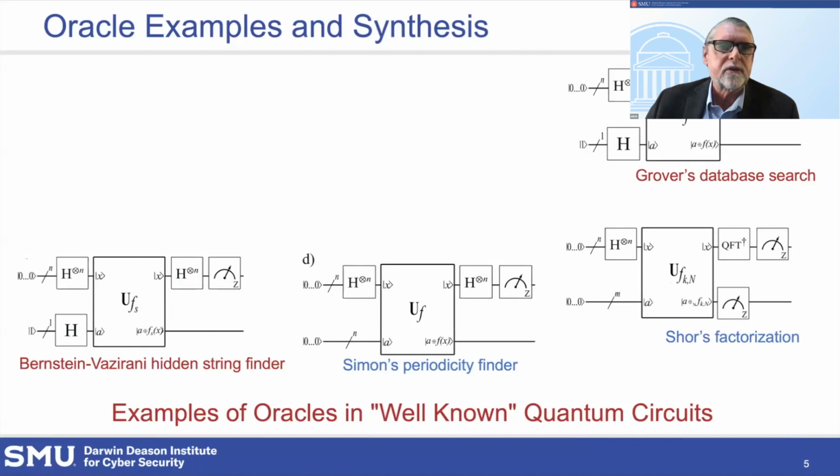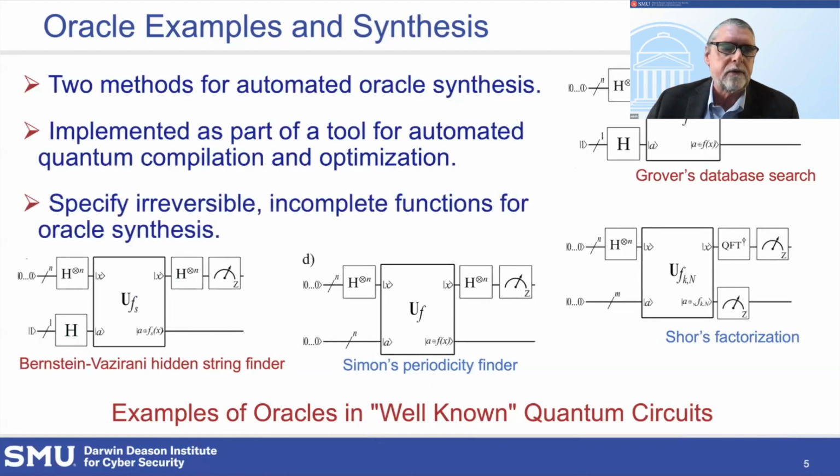So there are several well-known quantum algorithms. This is just a few samples, and I have shown their quantum circuits here in graphical form. And the thing that I want to point out about these four circuits are these large unitary transforms labeled U inside each of these.